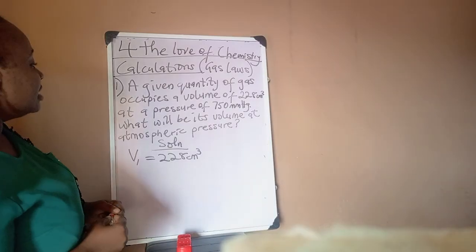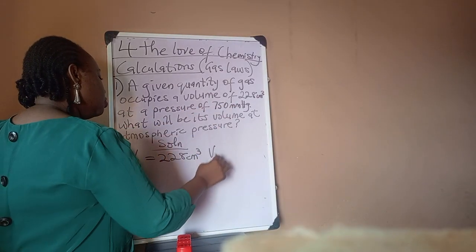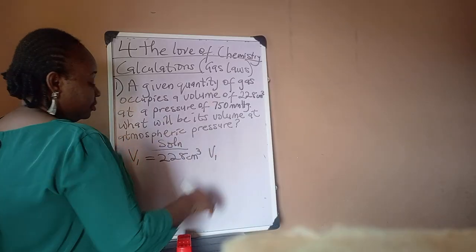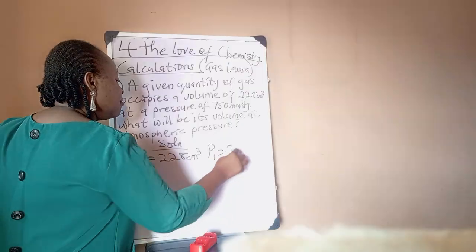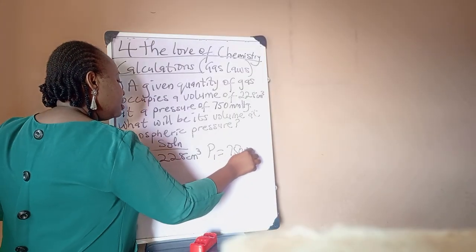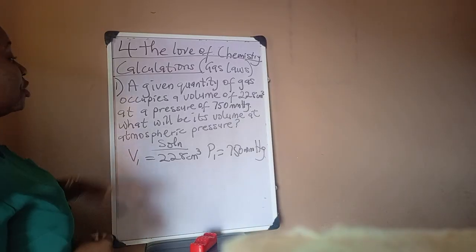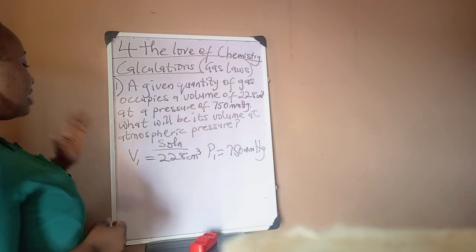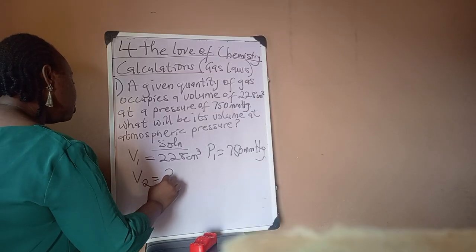And the next parameter given was the pressure, P1, which is equal to 750 millimeter mercury. What will be its volume at atmospheric pressure? So we are looking for V2.